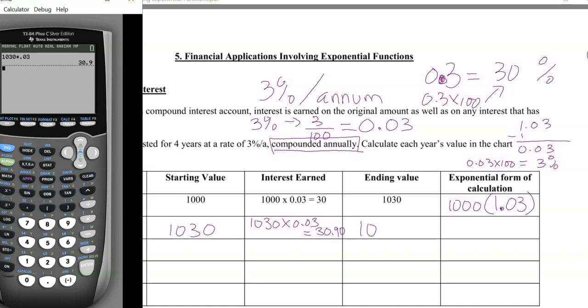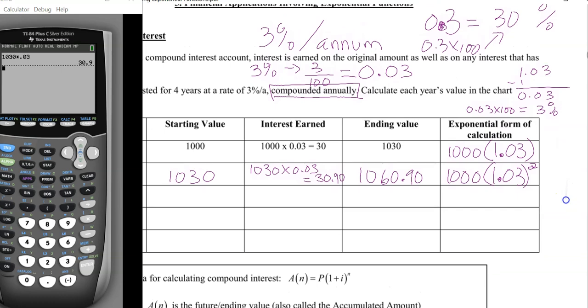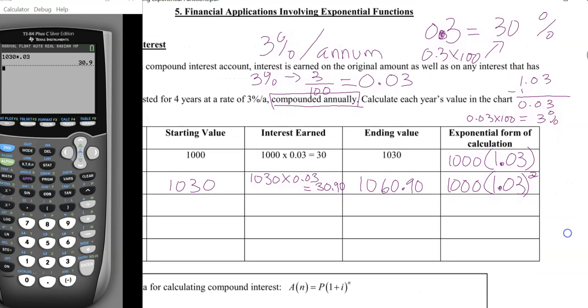Our ending value, we add these two together, get 1060.90. And in exponential form, we're going to multiply by 1.03 and then multiply by 1.03 again, so it'll be 1.03 squared.